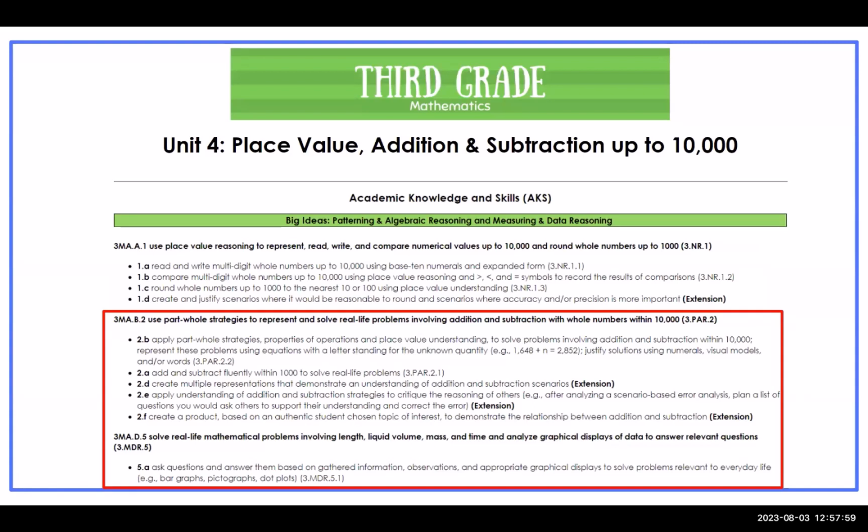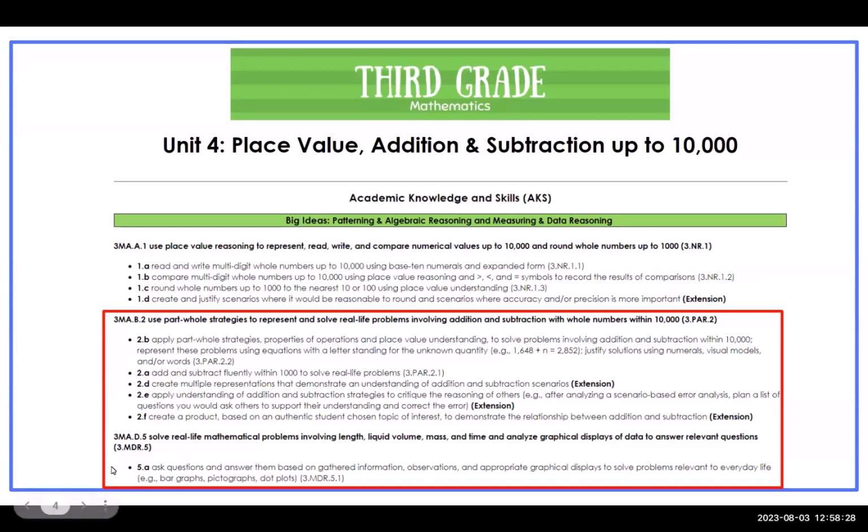They will continue working with all problem types, which include start unknown, change unknown, and result unknown. Students will use a variety of models and representations when extending their understanding of part-whole reasoning strategies. We will continue to incorporate IOA 2A to support students in reaching fluency with adding and subtracting within 1,000.